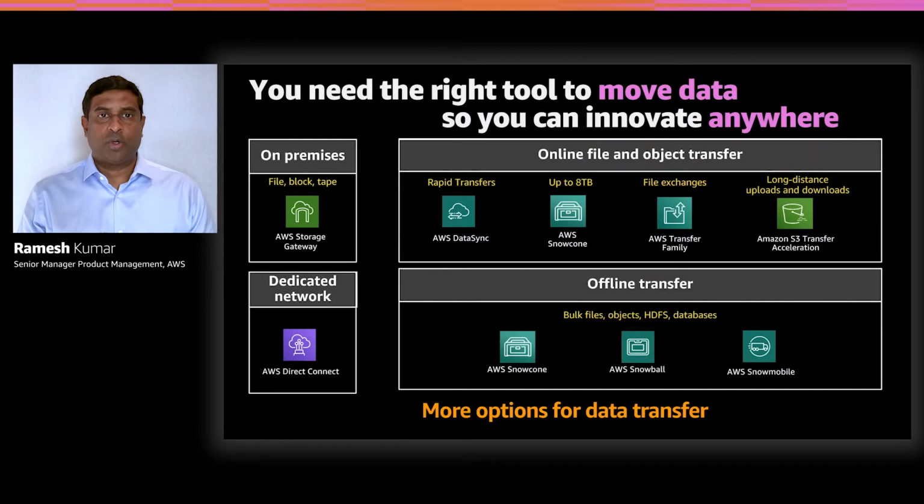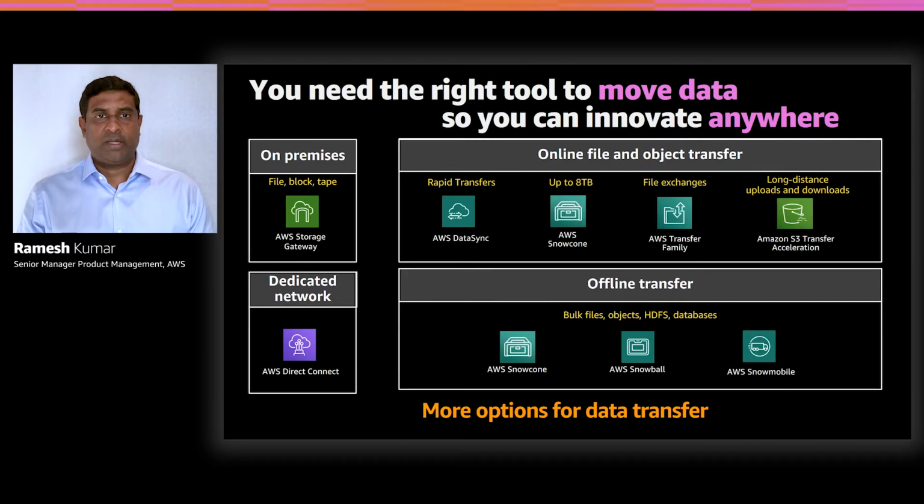I'll provide you with an overview of the AWS services, solutions, and tools that you can use for offline and online data migration from any edge location. For data migrations from on-premises edge locations, you have AWS Storage Gateway that is shown on the top left.